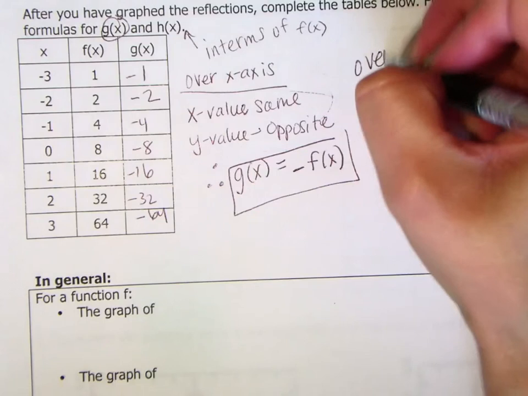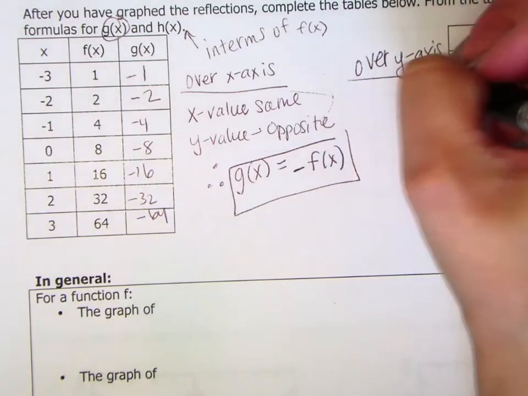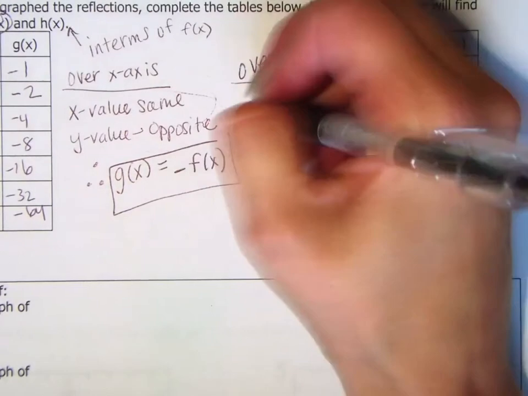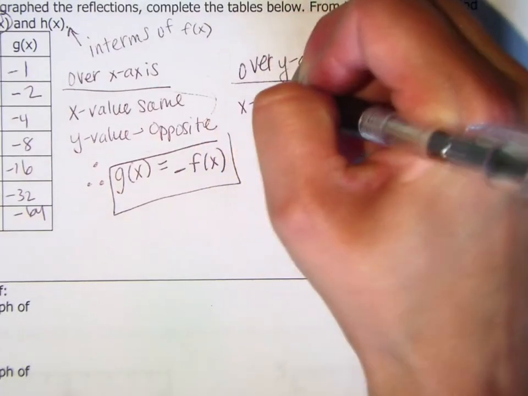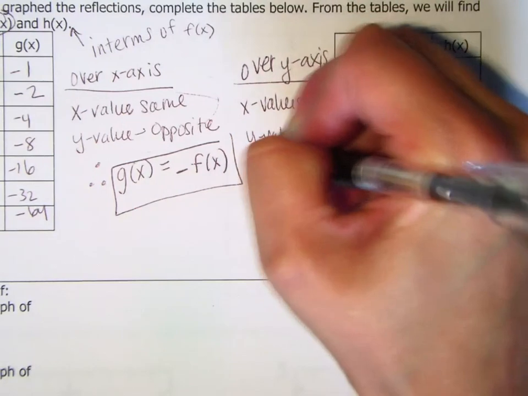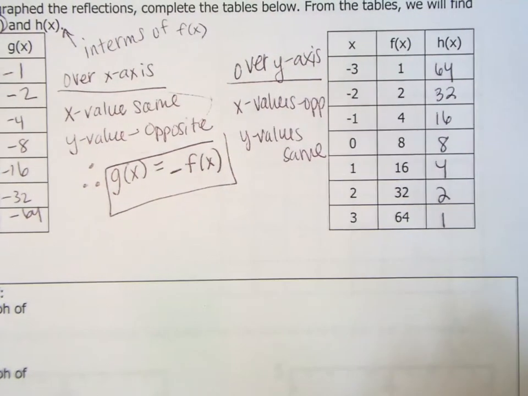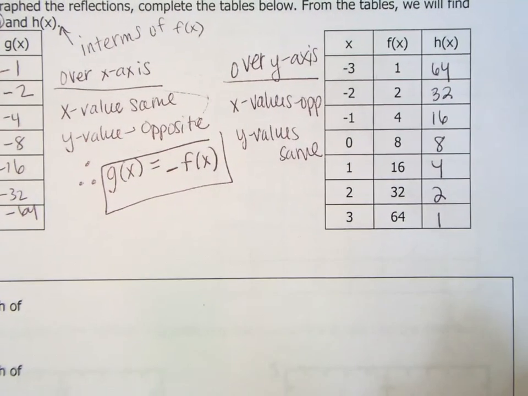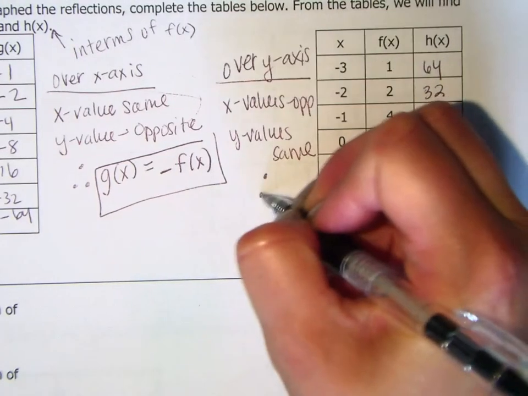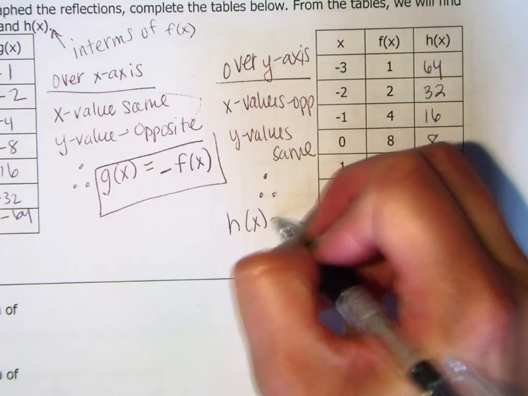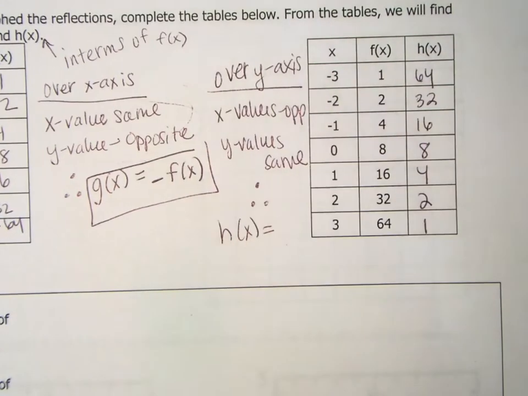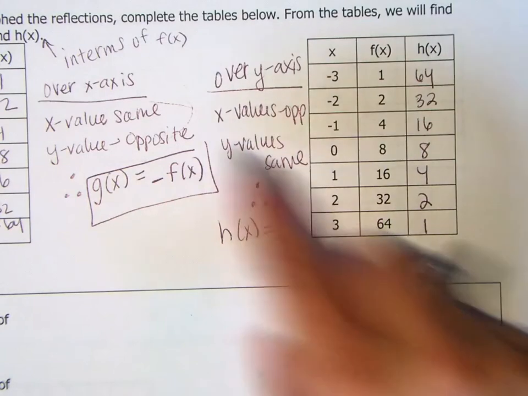If we look over the y-axis, the opposite happens. So the x values flip and the y values stay the same. How can we represent then h of x, which is this one, in terms of f of x, using this information?